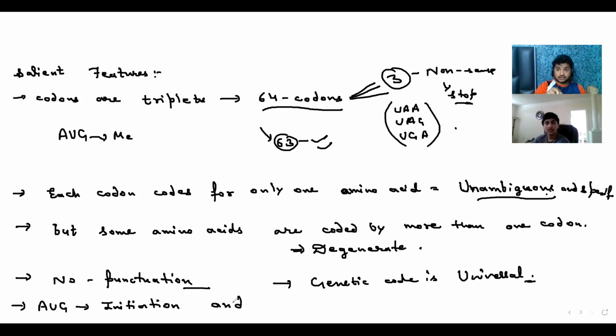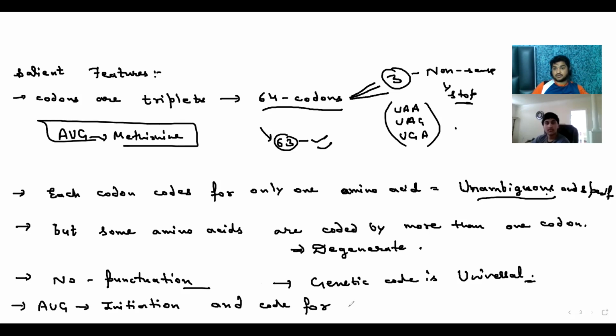So it has a dual function: it codes for the amino acid methionine. So whenever a protein chain starts in the human being, it always starts from methionine, because AUG is the starting codon. The rest can be different, but the first remains methionine.